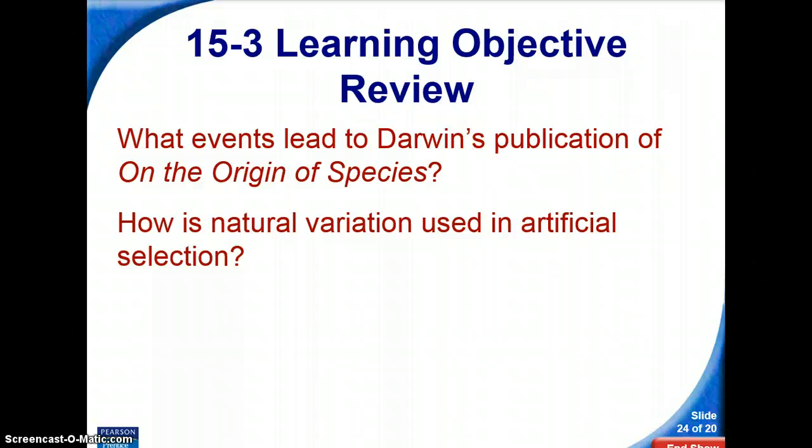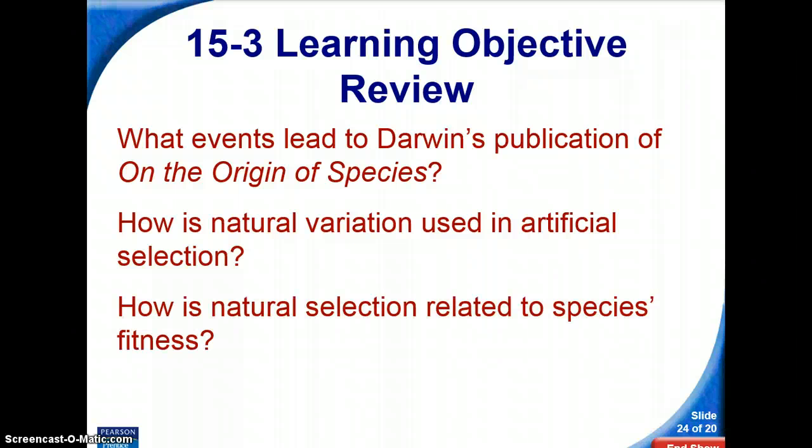You can go back to that same key concept question and get the answer from that. And then there's another key concept question that asks, how is natural selection related to species fitness? So you will have to go back into your notes to get the answers for those objective reviews out of your key concepts.